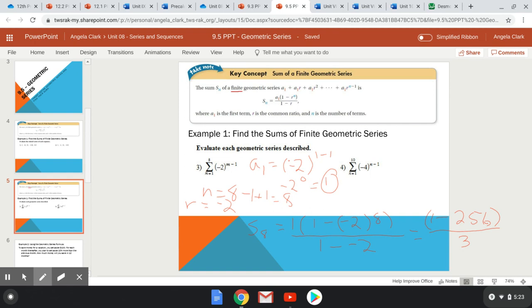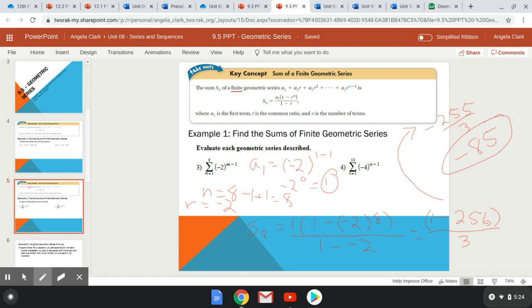Divide that by 3, we get negative 85. So I'm going to write up here: negative 255 divided by 3, which is negative 85. So that's our answer to the first one.